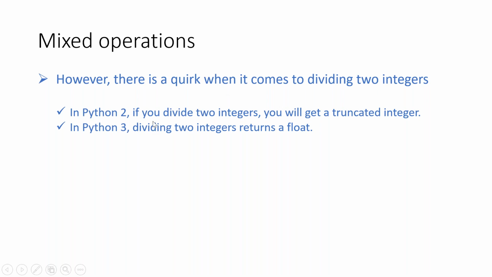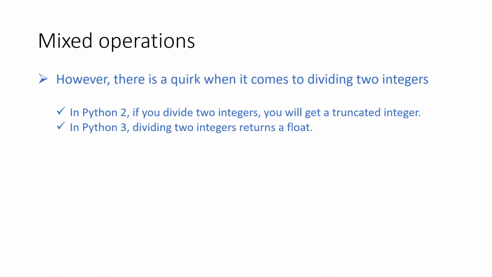So in Python 2, if you divide two integers, you will get a truncated integer. Let's say you do 3 divided by 2, and if you are using Python 2, the answer will be 1. The answer will not be 1.5.